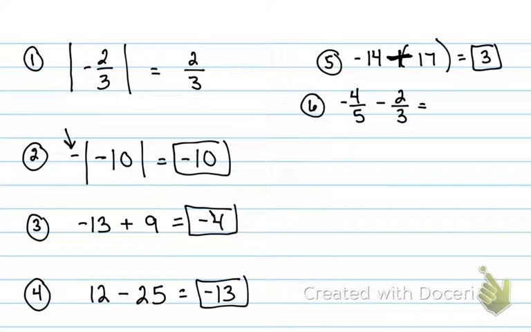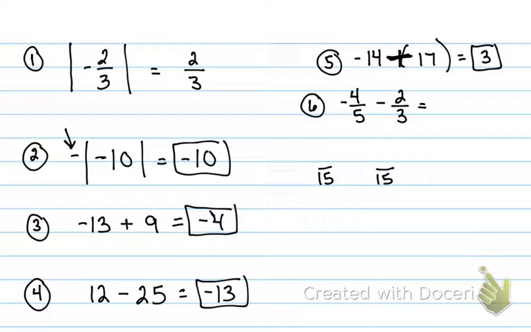Am I ready to subtract or add and keep, or what do I need to do first? Common denominator. So what did you find for your LCD? 15. Very good. And we know that we ask what number do we multiply the old denominator by to get to the new denominator to figure out what to multiply the top number by.